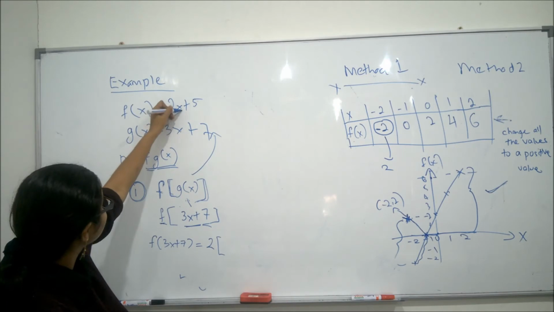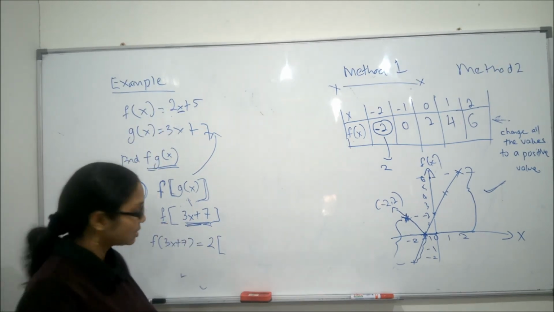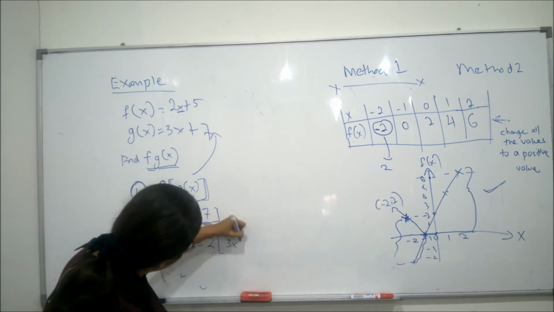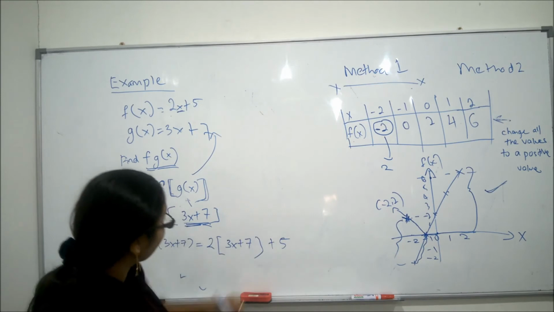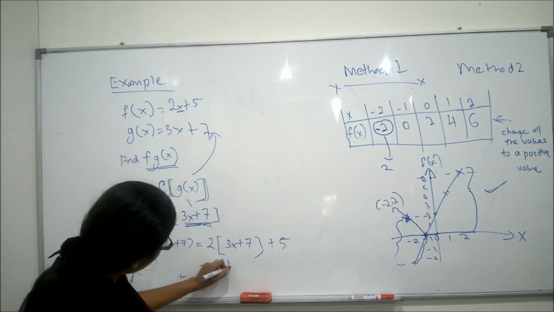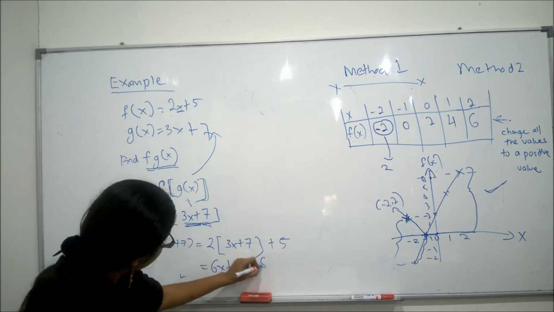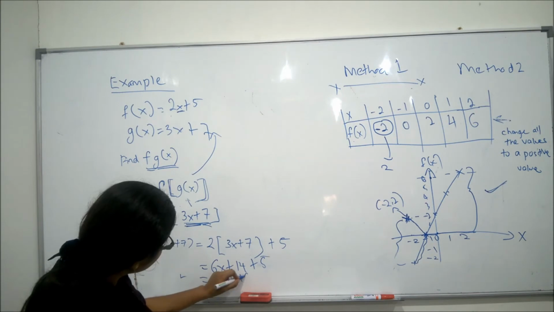So I substitute this x with 3x plus 7: 2(3x plus 7) plus 5. 6x plus 14 plus 5. You get 6x plus 19.